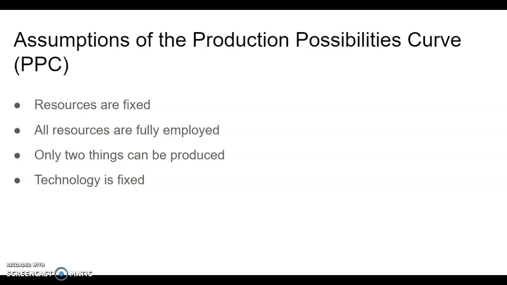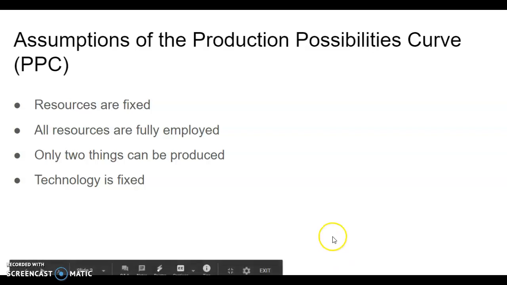The third assumption is only two things can be produced. So no matter how many resources you have, you are only producing and comparing two items. And finally, technology is fixed. So you're not gaining any new technology that would increase your production and obviously not losing it either.